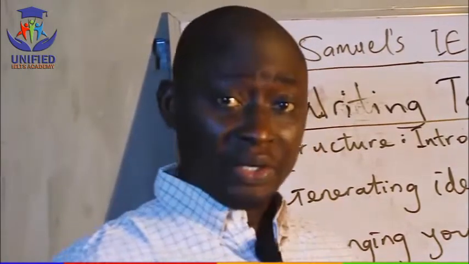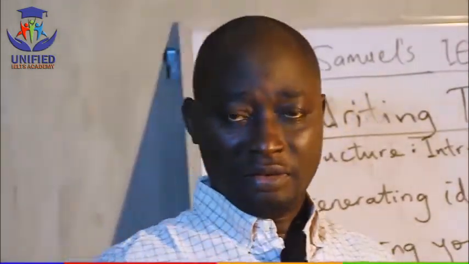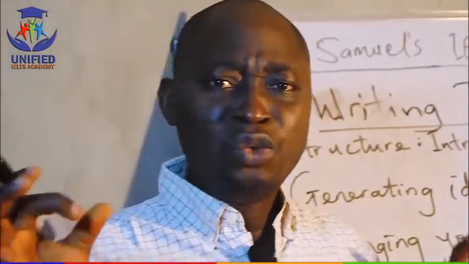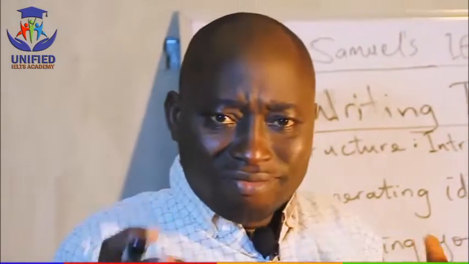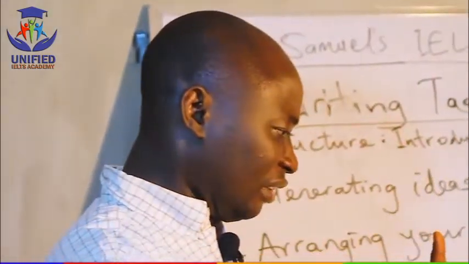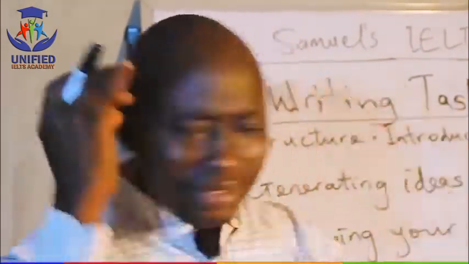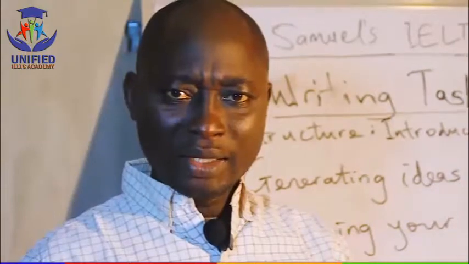You have a topic around food security. What are those words that come to your mind immediately you encounter that topic, food security? Within the next 2-3 minutes, you generate those words coming to your mind.